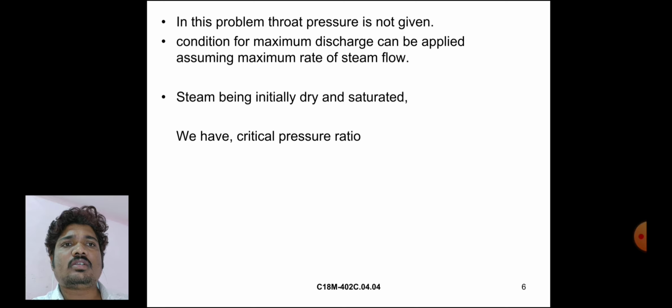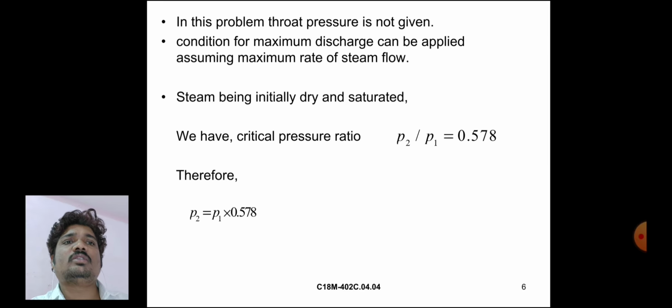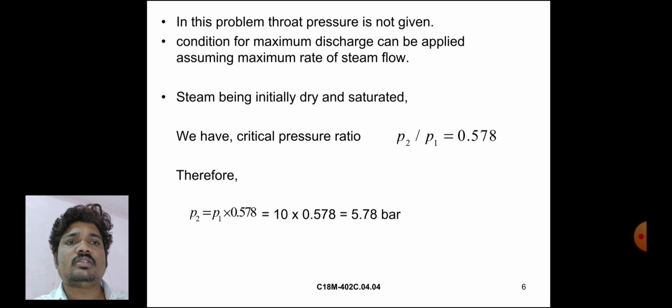We have the critical pressure ratio P2 by P1 equal to 0.578. Therefore P2 is equal to P1 into 0.578. P1 is 10 bar, so 10 into 0.578, and P2 is 5.78 bar.